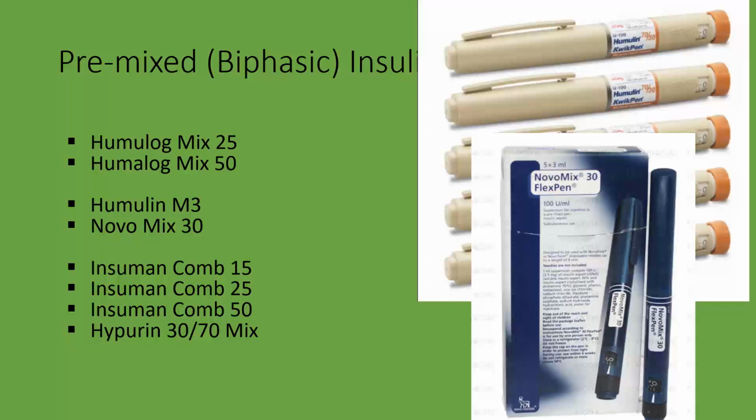So the difference between Humulin M3 and Novomix 30 is Novomix 30 has got 30% rapid acting, and the Humulin M3 has got 30% short acting. The rapid acting is Novorapid, so the mixture of Novorapid and an intermediate acting is called Novomix 30. But both could be used.